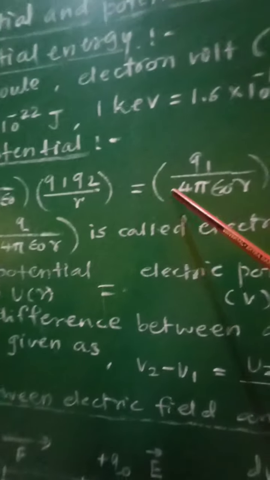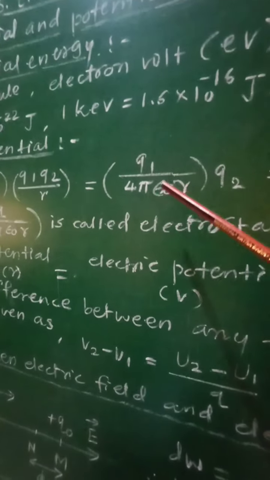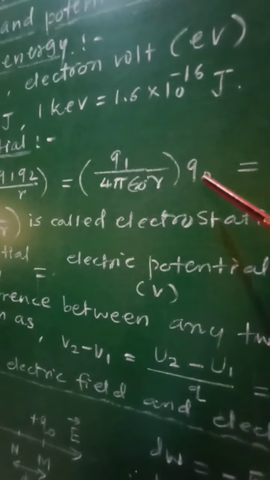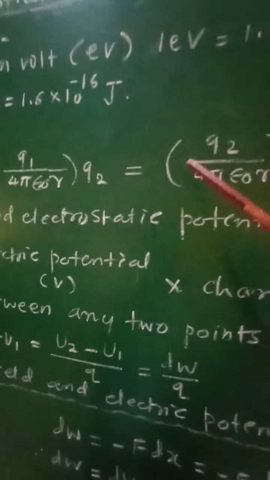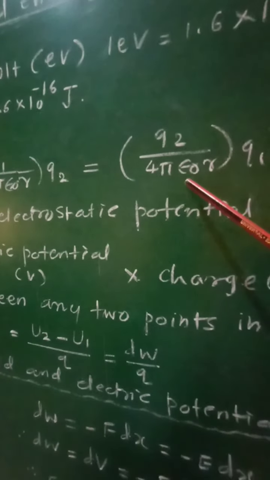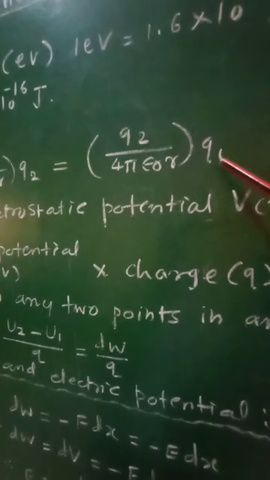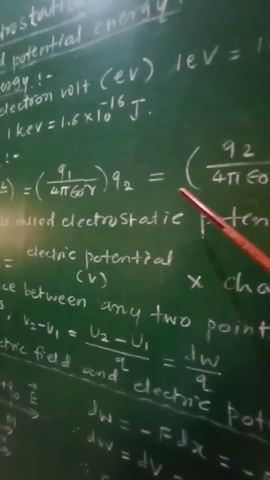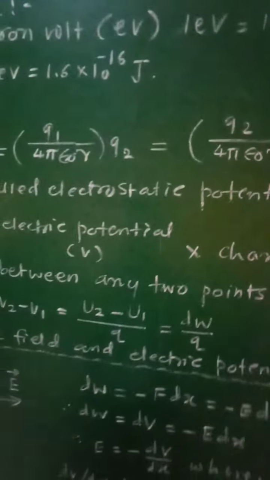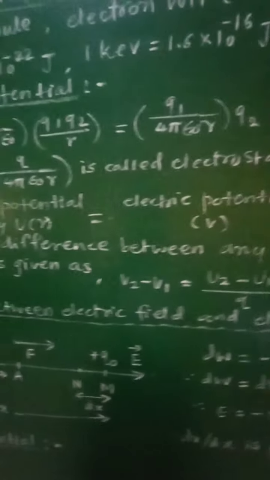It can also be written as q1 upon 4 pi epsilon 0 r into q2, or q2 upon 4 pi epsilon 0 r into q1. So by separating q1 and q2, this energy is written.